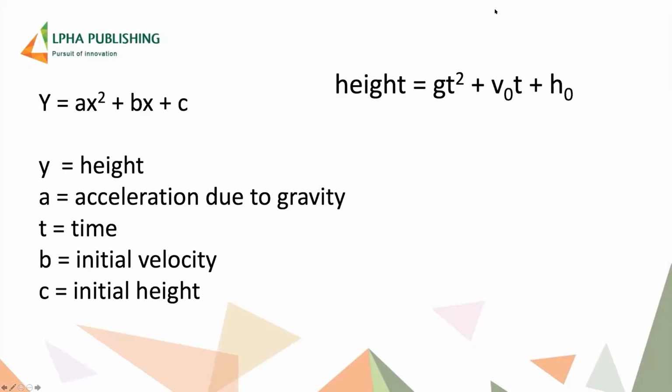Okie doke. So I asked you to remember the quadratic equation, 0 equals ax squared plus bx plus c. And here we can see that if we start to replace the variables a, x, b, and c with the equation for vertical motion, y is height, a is our acceleration due to gravity, or g, t is time, b is the initial velocity, and c is the initial height.